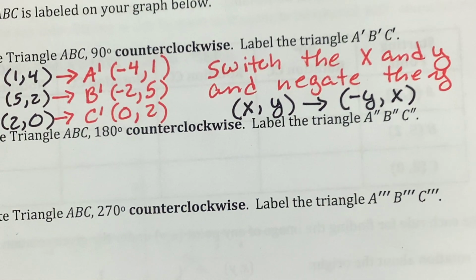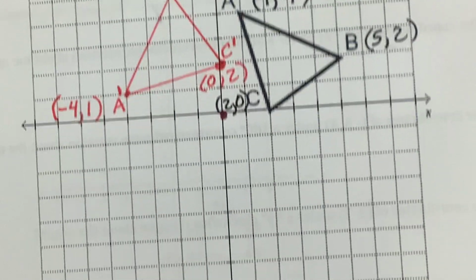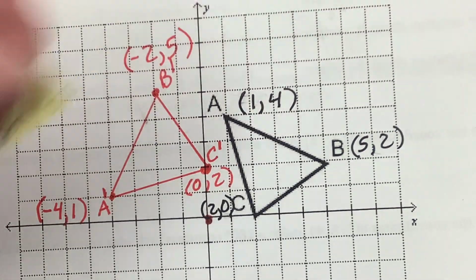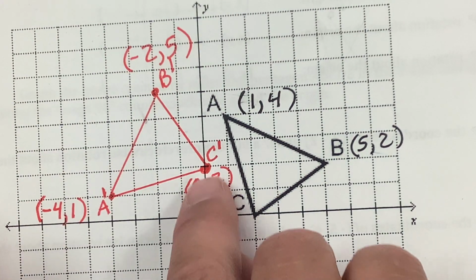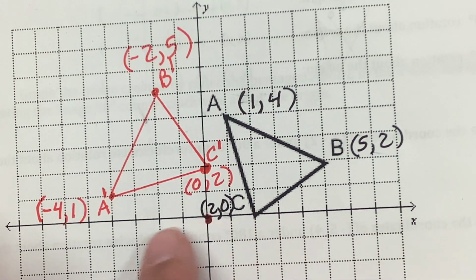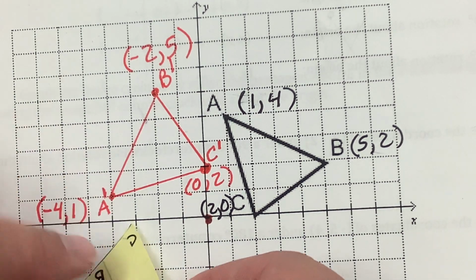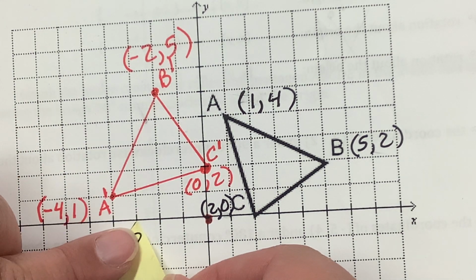Now let's do the others, which, by the way, actually are quite a bit easier. So let's take my little baby triangle, and it's going to continue to rotate around. Come here, little ABC. So now I was up here at 0, 2, so I'm going to go to the opposite side for C, and that's going to be there.